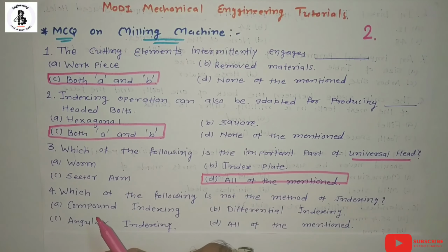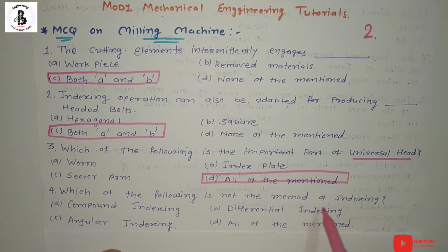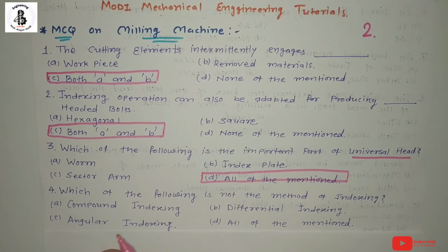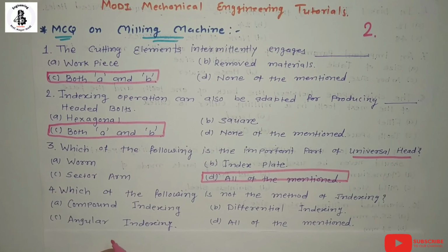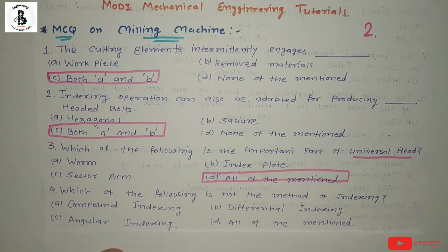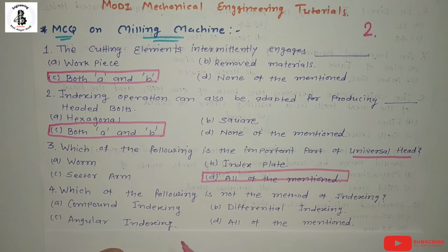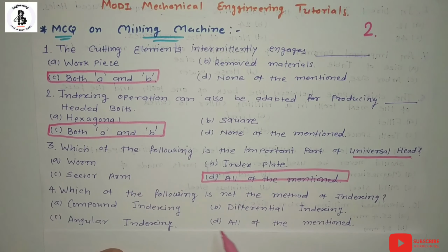The next, which of the following is not the method of indexing? Option A, compound indexing, option B, differential indexing, option C, angular indexing, and option D, all of the mentioned. So basically, among the types of indexing methods, you will find compound indexing, differential indexing as well as angular indexing.